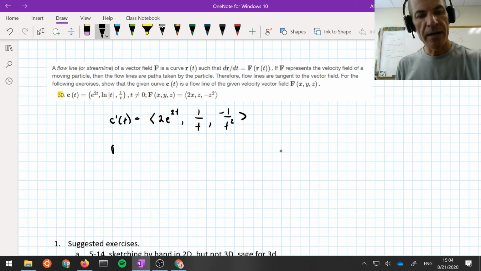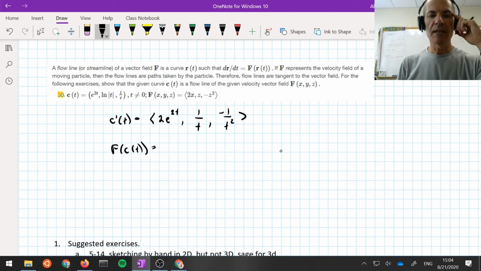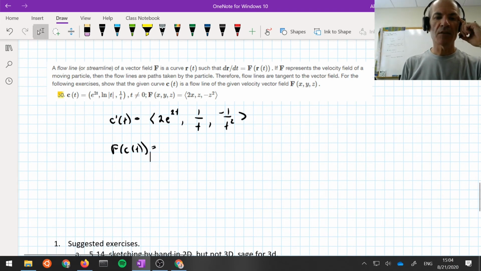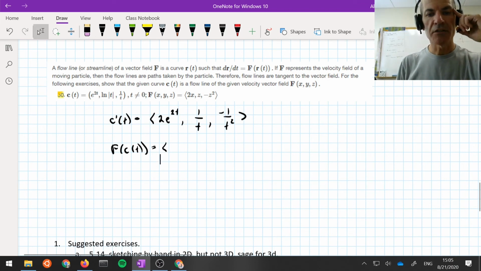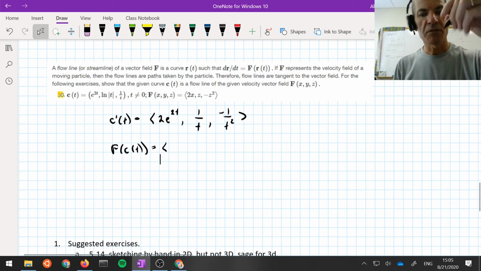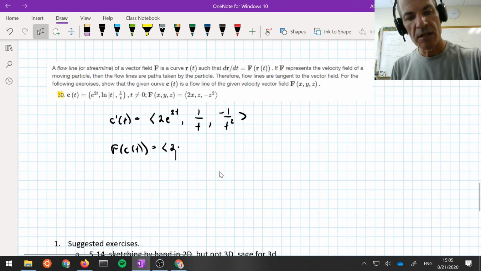Now let's look at f of c of t. What does that even mean? It means take this component and put it in for x, take this component, put it in for y, take this component, put it in for z. Okay, so 2x. x is going to be e to the 2t, so it's 2 times e to the 2t, and that matches.